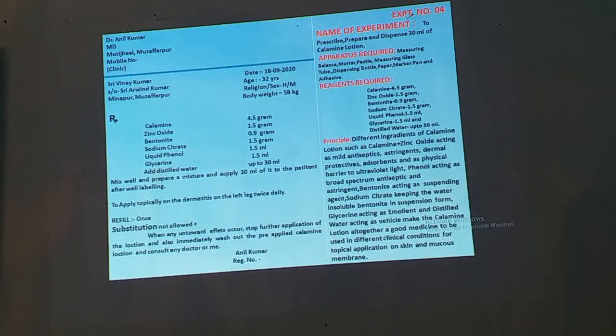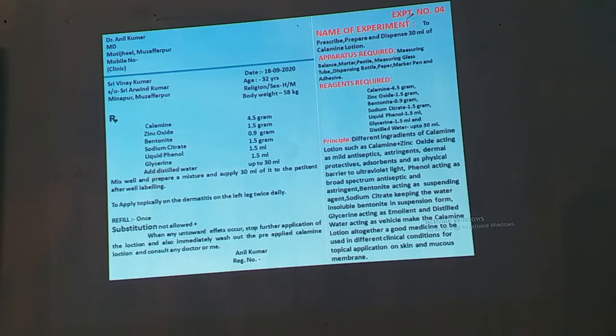So this is the first page of experiment number 4. Now on the left side, look how prescription order writing is written.